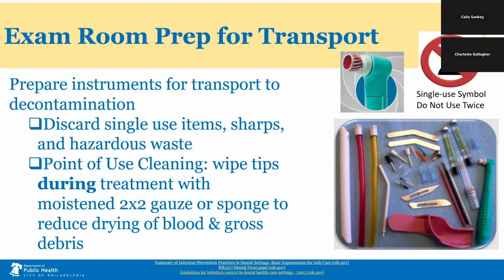To make cleaning more effective, prepare instruments by wiping off their tips during treatment with the moistened 2x2 gauze. This reduces drying of gross debris. This is called point-of-use cleaning. Once instruments are sorted, an enzymatic spray gel may also be used to reduce drying of blood or debris.